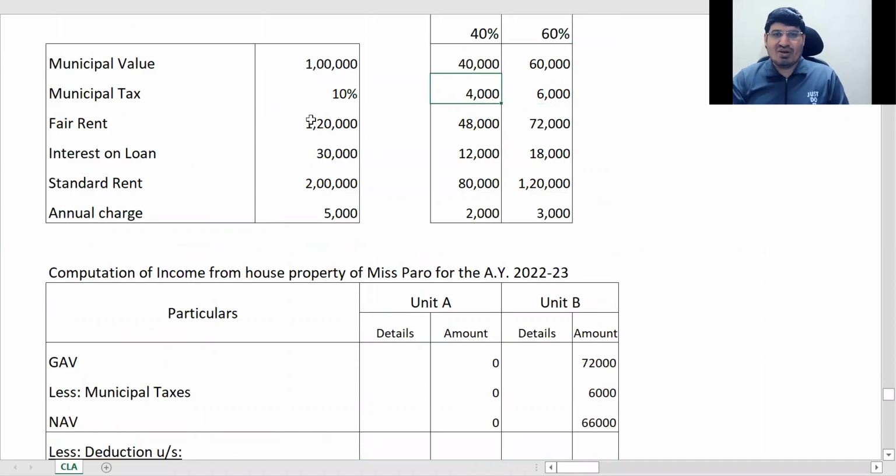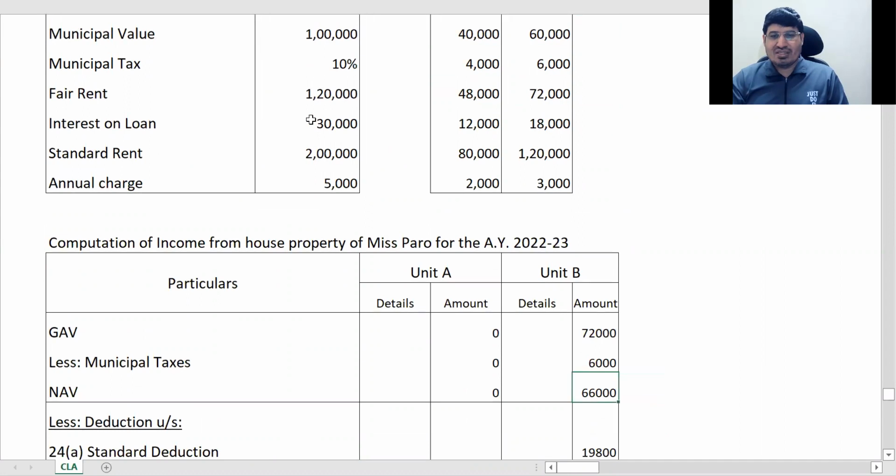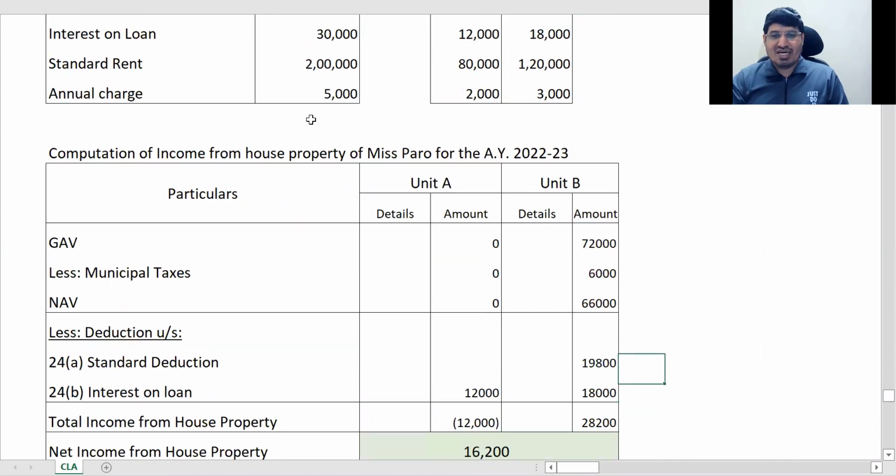This 4,000 you will not get, this 6,000 you will get. Understood? That gives you your NAV. Now standard deduction is 30% of NAV straight away. And interest on loan, how much is given? 20,000.